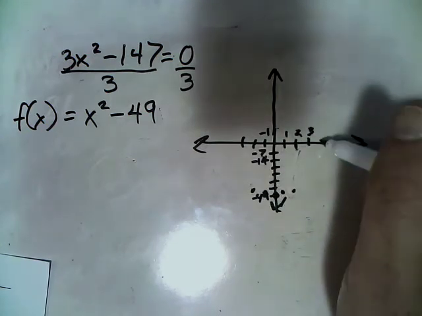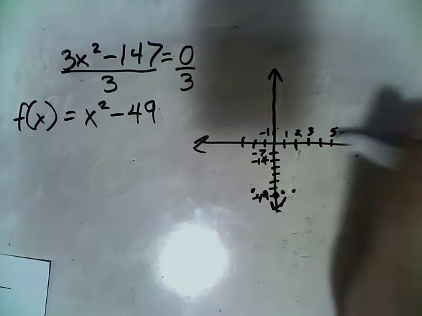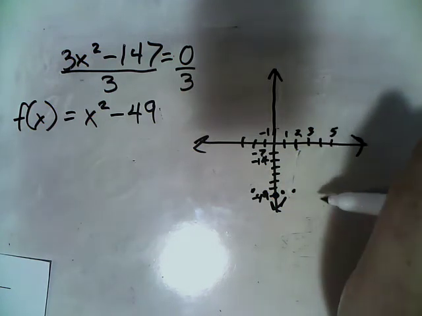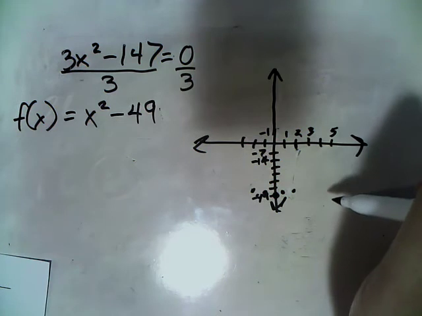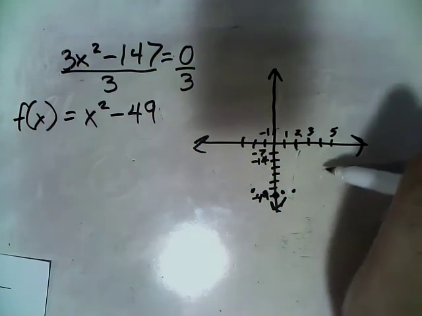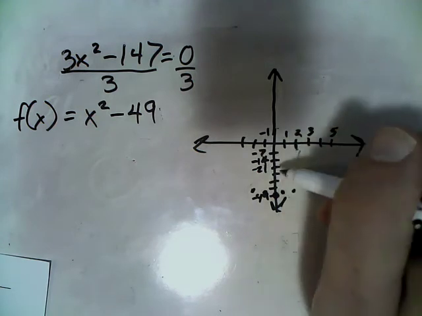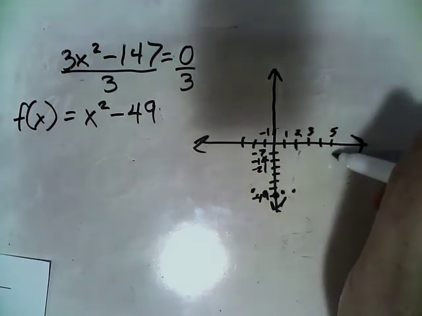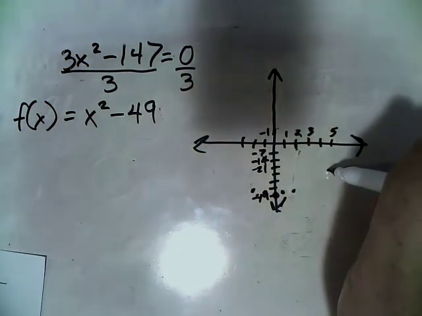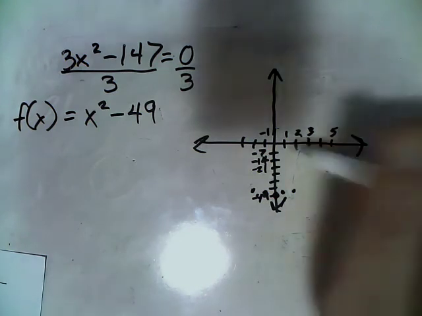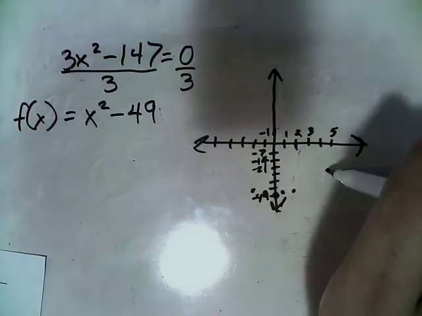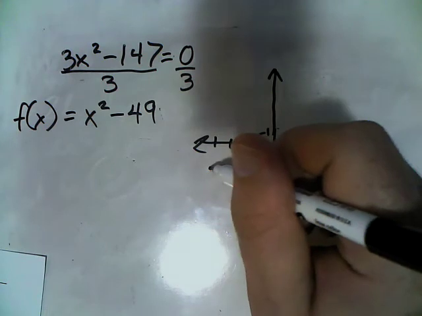So maybe I jump up to 5. So let's see what happens if I plug in 5. So 5 squared would be 25, minus 49 would be negative 24. So this would be a negative 21, and so a negative 24 would be right about there. So symmetric to that, boom, boom, boom.